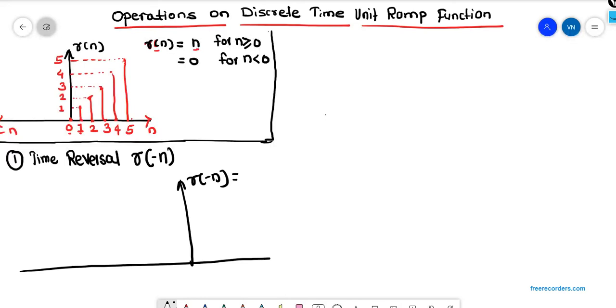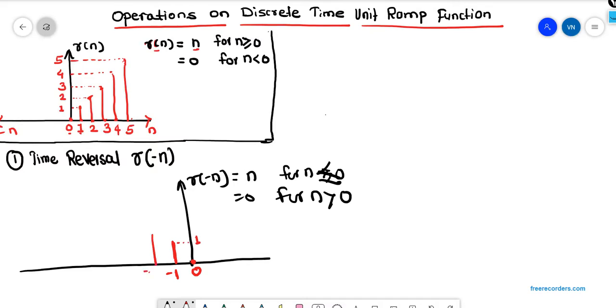So r of minus n is equal to minus n for n less than or equal to 0, and 0 for n greater than 0. We just have to reverse that signal. Whatever the amplitude for 0 is 0, and the amplitude for minus 1 now goes to plus 1.